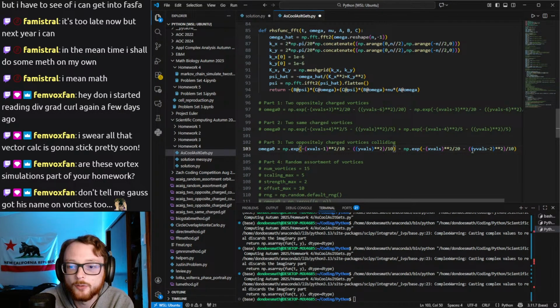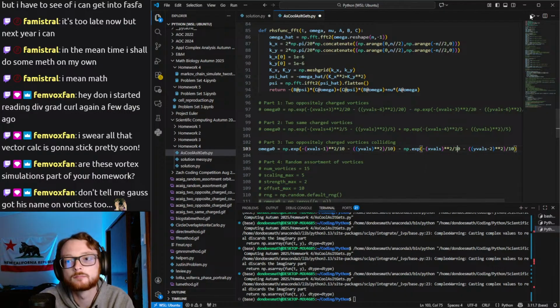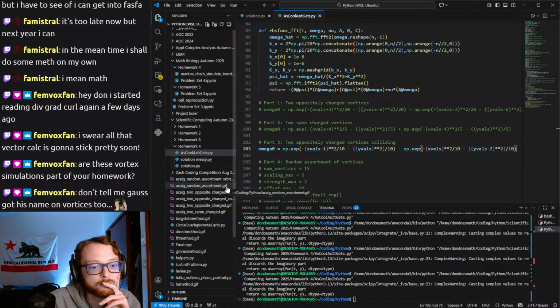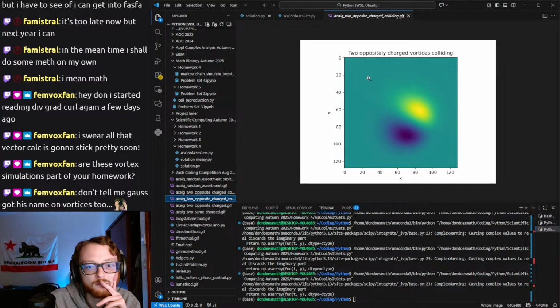I do not know. What if I made them small and strong? Once this one runs, I'm going to try that. Like, what if they're both strength 2? Maybe that's the key.